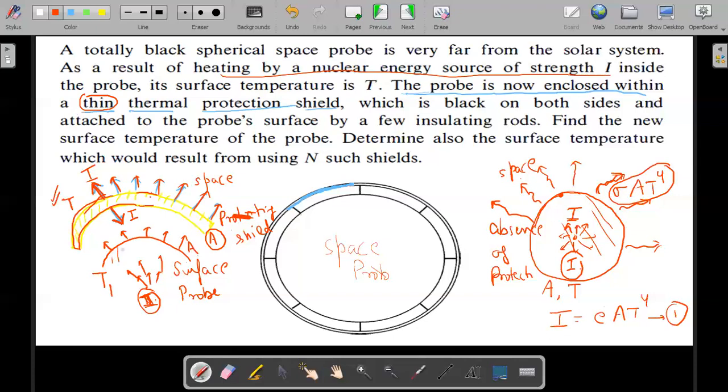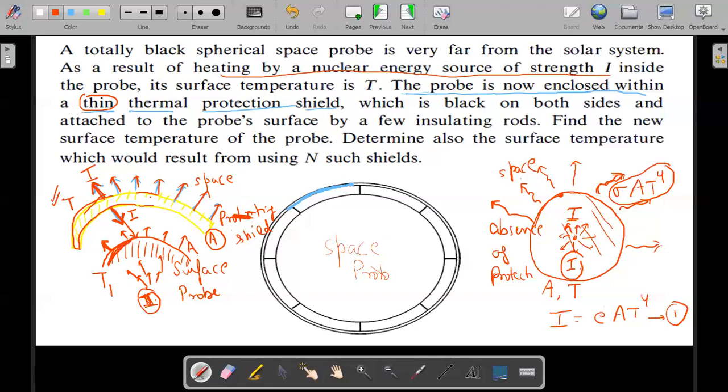Now, what is happening with this spherical probe now? This spherical probe is radiating energy in the outer space. Along with it, it is receiving energy from the inner surface of the protecting shield. So this surface is receiving energy in two ways.